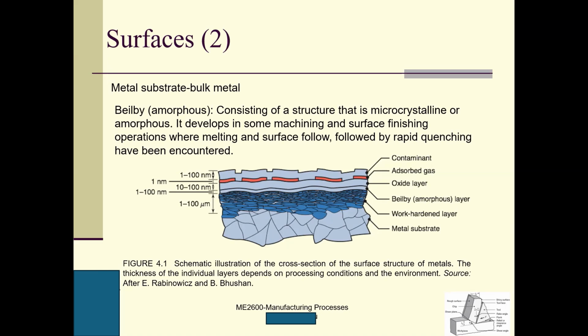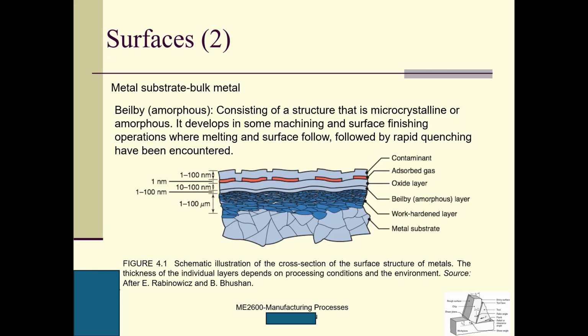Here, the contaminant at the very top, and there might be some absorbed gas, and then these oxide layers. Now here is the Beilby layer, okay? Beilby is the amorphous layer, and here is the work hardened layer of the machined part. So here is the metal substrate. This is the original structure of this material.